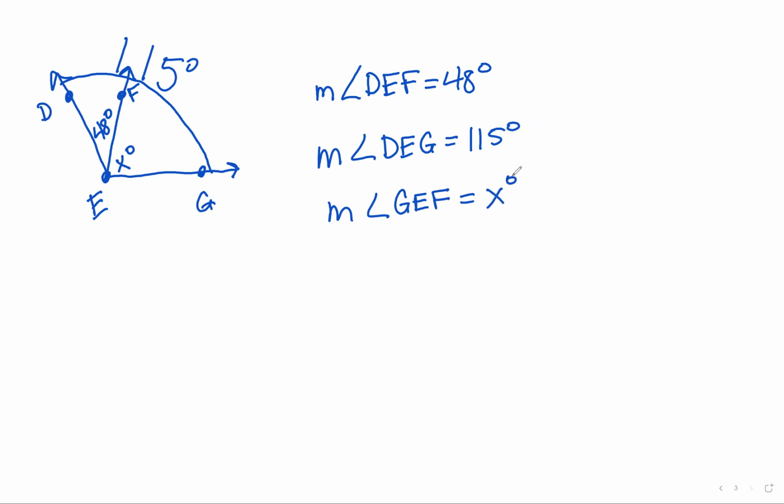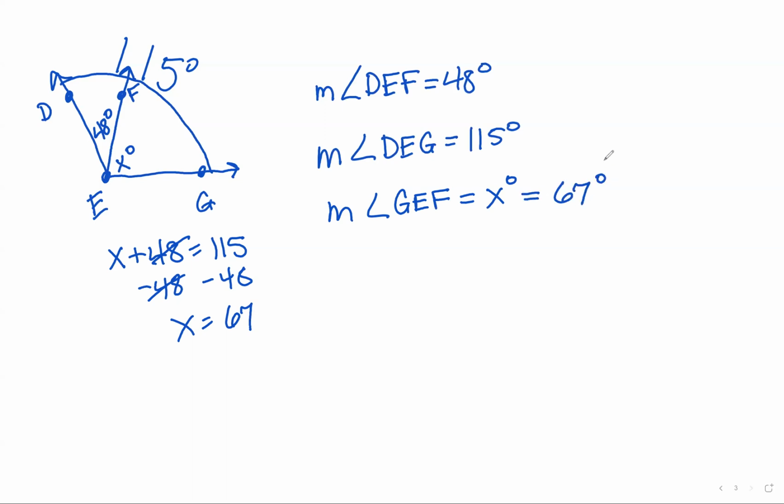Because according to this picture, x plus 48 is going to equal 115. So I would solve for x by subtracting 48. So 115 minus 48 is 67. So the measure of angle GEF is 67 degrees.